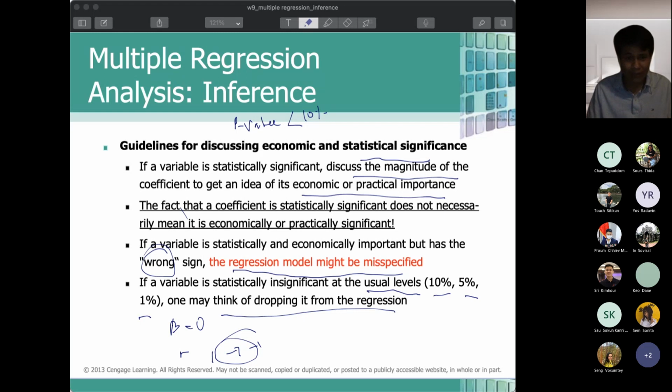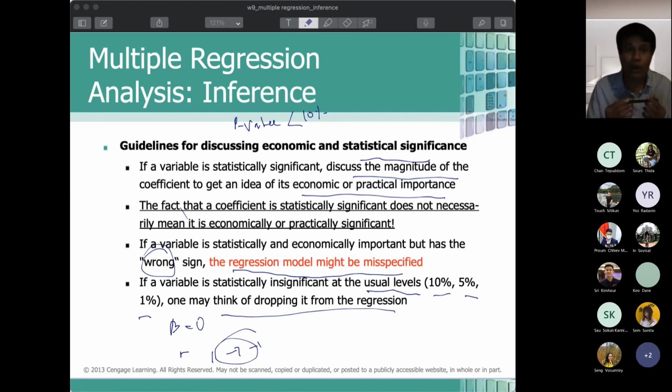That is wrong, right? Another example. I believe that COVID-19 has a negative effect on income, right? What if I found that during COVID-19, compared to the previous year, COVID-19 has a positive sign? COVID-19 contributes to household earnings. That's a wrong sign.